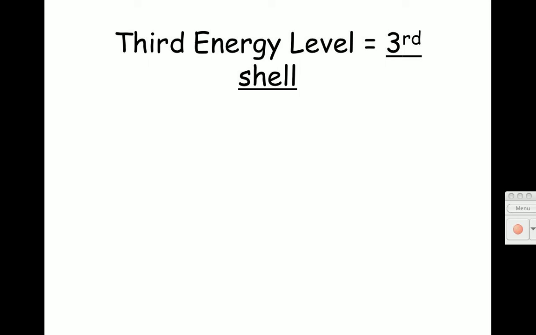What I hope you are noticing is that as we move energy levels, we skip down a row on the periodic table. Remember, we were talking about how the periodic table explains a lot of things. Every time I move down a row on that periodic table, I am moving out an energy level in terms of where my electrons are placed within the atom.